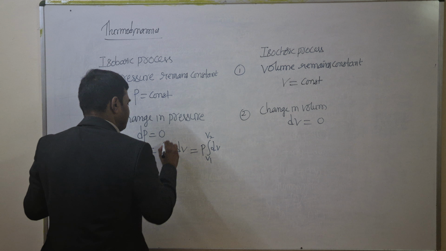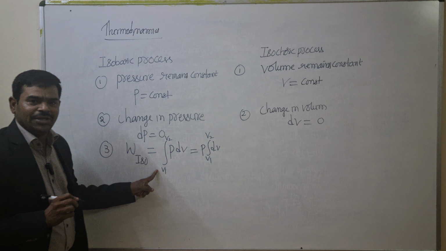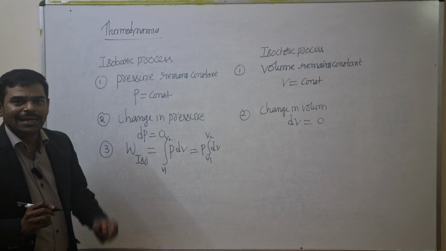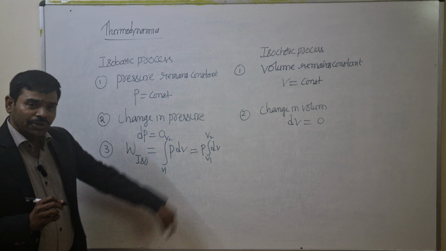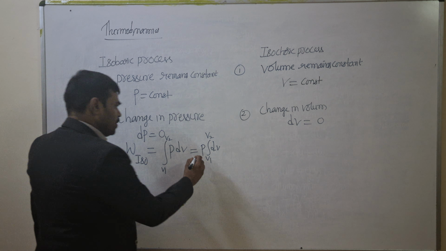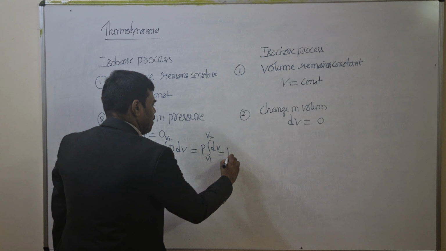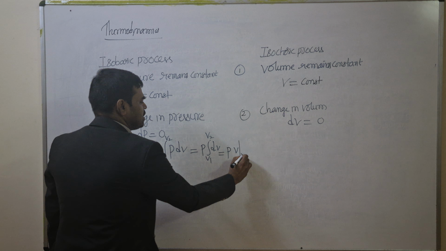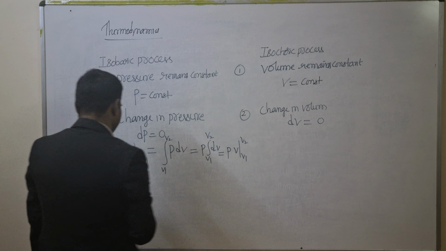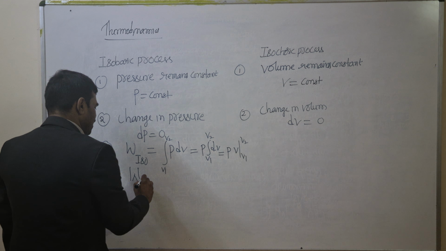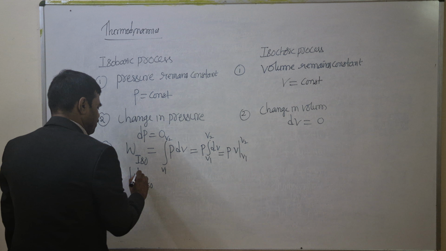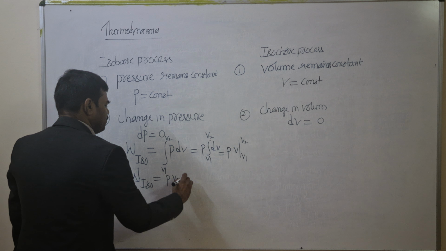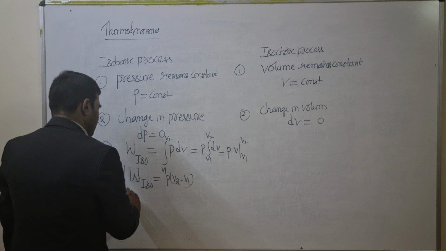Here volume changes, pressure is constant. Integral dV is equal to V, so the work done during isobaric process is equal to P into V2 minus V1.